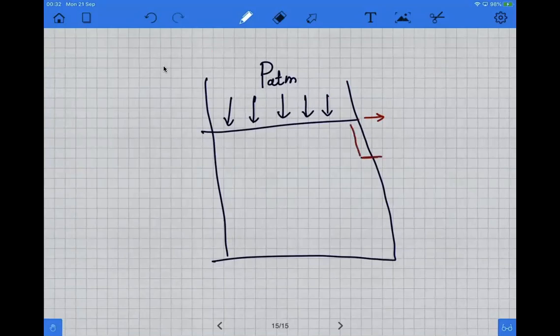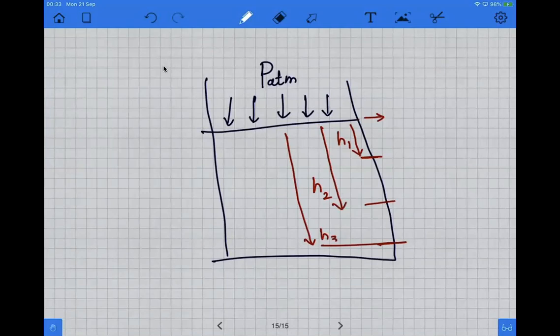This depth is h1. You are here. This depth is h2. You are here. This depth is h3. All the points on this line will experience a total pressure of P atmospheric.